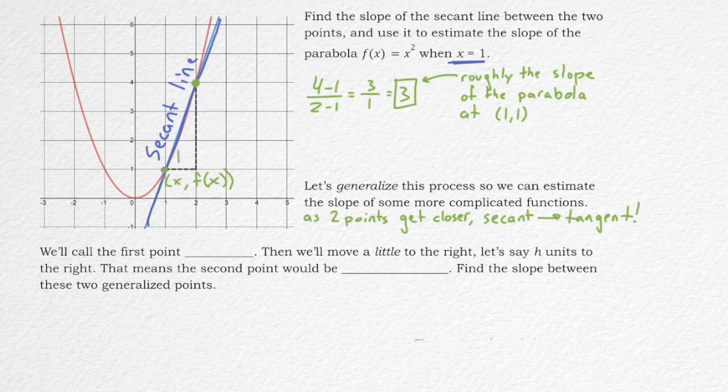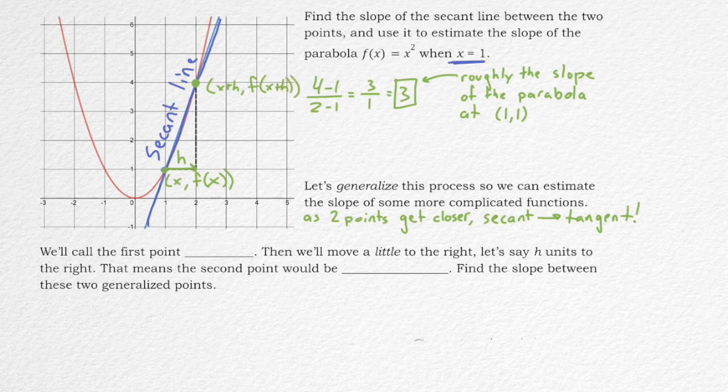So stick with me, we're going to call this distance here h. What that allows me to do is that then I can call this point x plus h. Like if I start at this x value of x, and then I add h to it, then this x value is x plus h. And now I really have no idea what the y value is for this random point x plus a little bit plus this h. So I'm just going to call it f of x plus h.